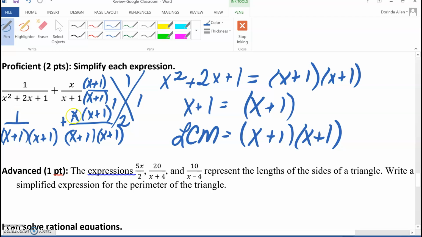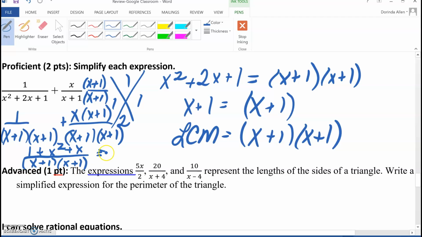So I can multiply this out, and I would get this 1 plus x times x, x squared, plus 1x over x plus 1, x plus 1.